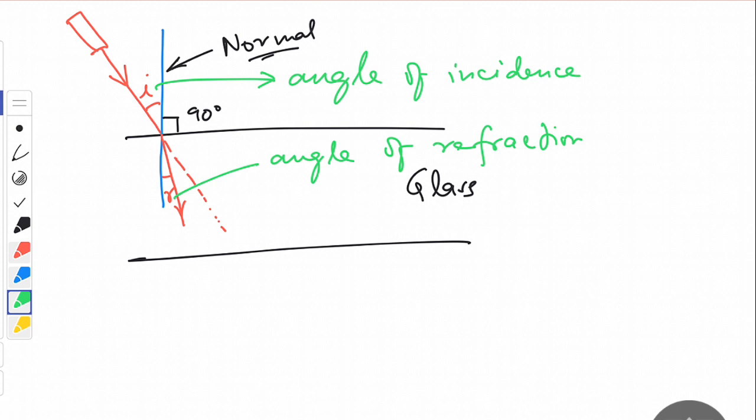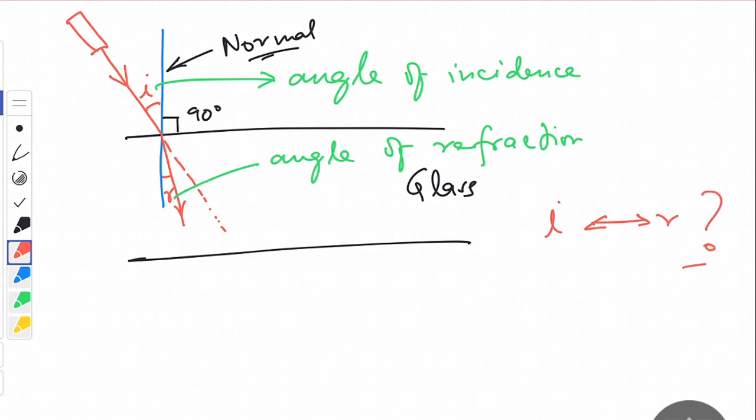Now it turns out that the angle of incidence is not equal to the angle of refraction. So if they are not equal, then what is the relationship? Let me use the same color red: I and R, do they have a relationship?